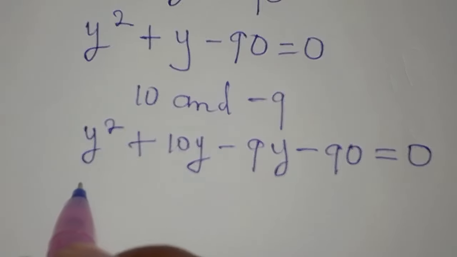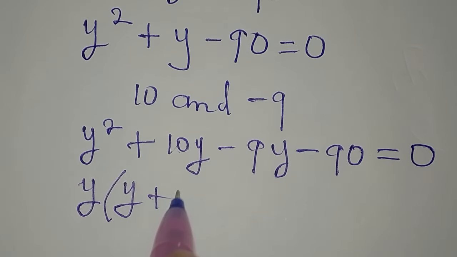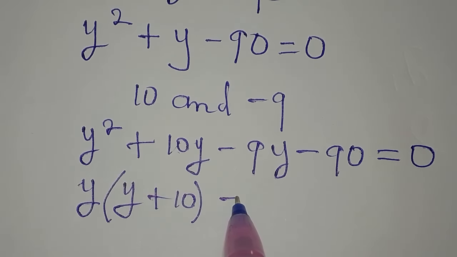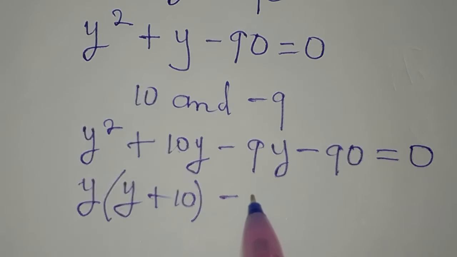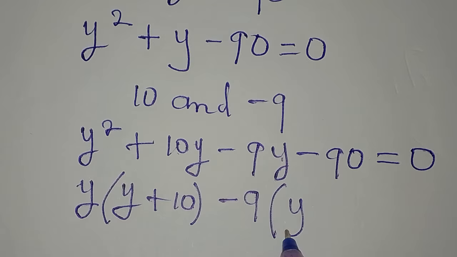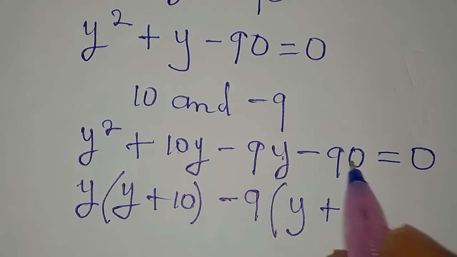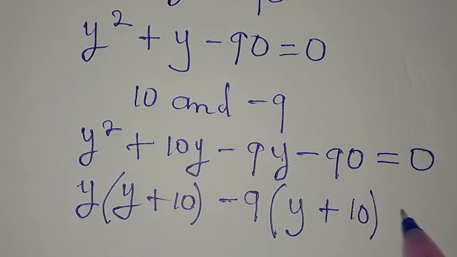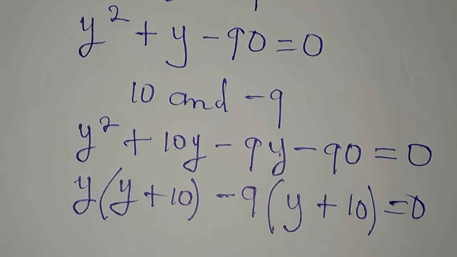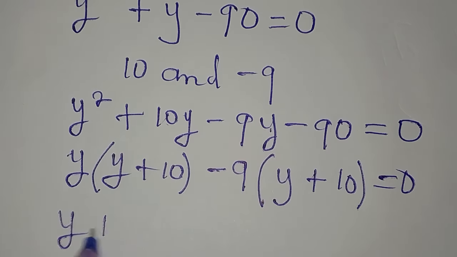Now these two have something in common, and that is y plus 10. Minus this one has 9 in common. Here we have 1y, minus is plus, then 9 into 10 is 90, then we equate to 0. So y plus 10 is now a common factor.